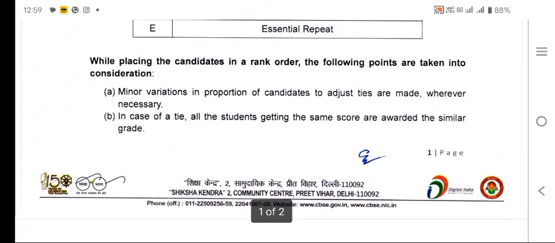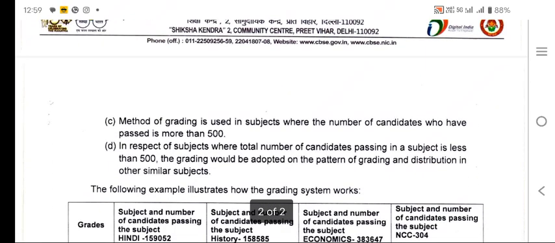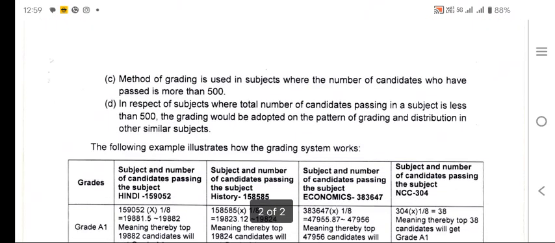What are the points? Minor variations in the proportion of candidates to adjust ties are made wherever necessary. In case of a tie, all the students getting the same score are awarded the same grade. This method of grading is used in subject-wise grading. That means it doesn't apply that if you get 91 or 92 in the subject you get A1.